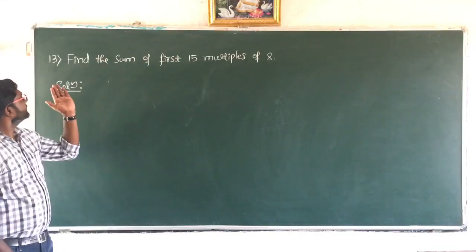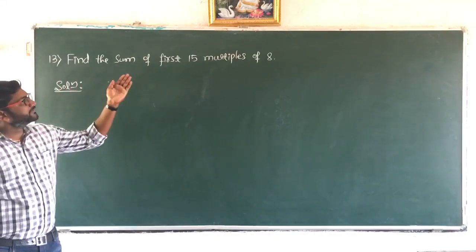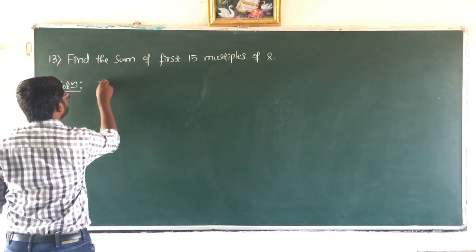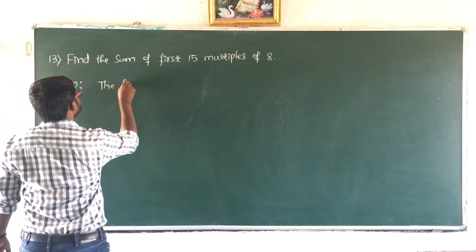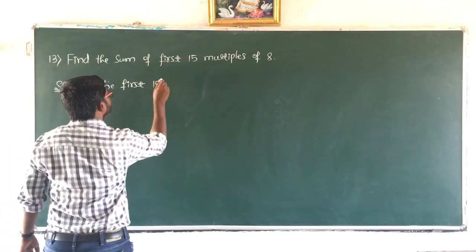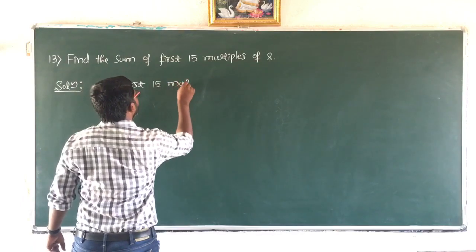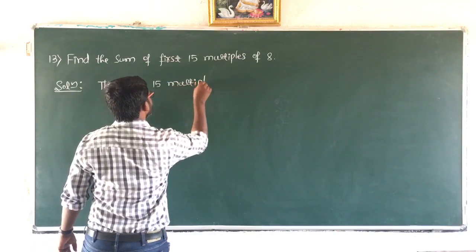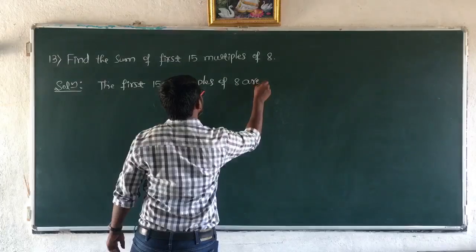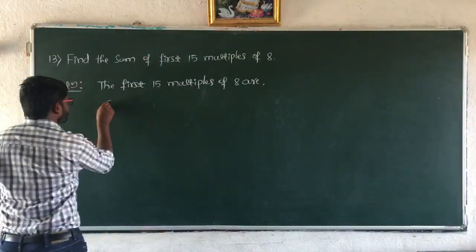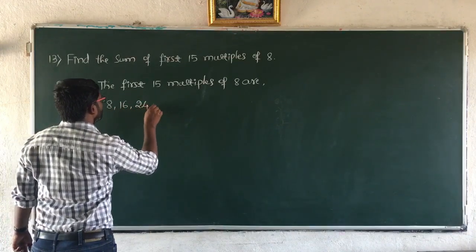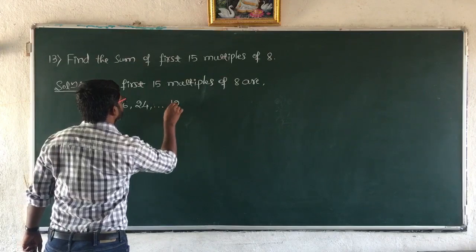Yes, the next question is the 13th one. Find the sum of first 15 multiples of 8. See, the first 15 multiples of 8 are 8, 16, 24, and so on up to 120.